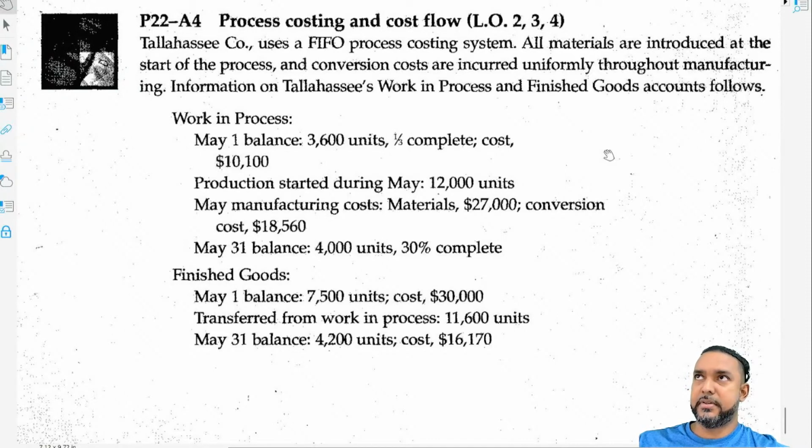So if it's 15.6 and 11.7, if it was 11.6 started just before, so 3.9, yeah? I think it's 3,009 for the units started and completed. Because 3,006 plus 12,000 is 15,006.